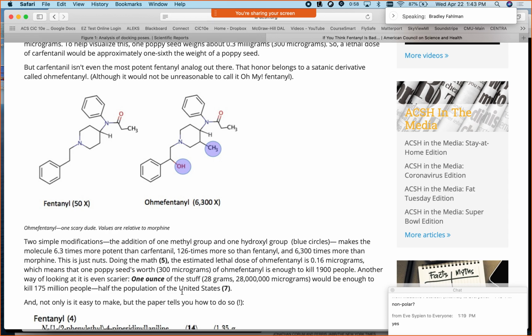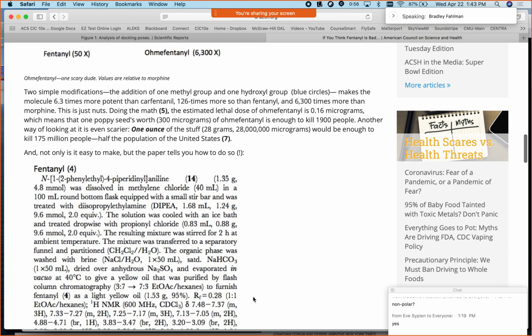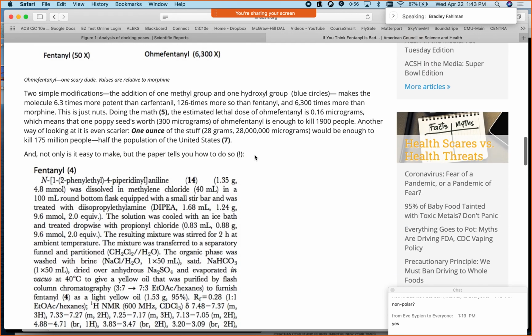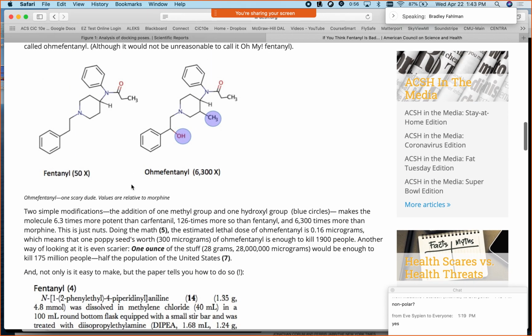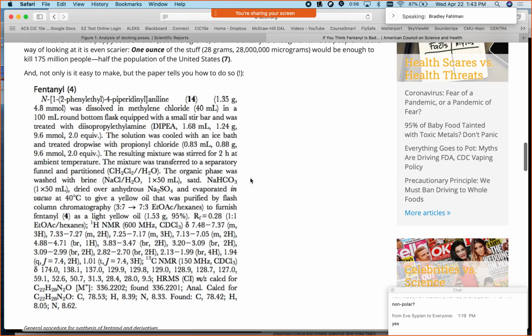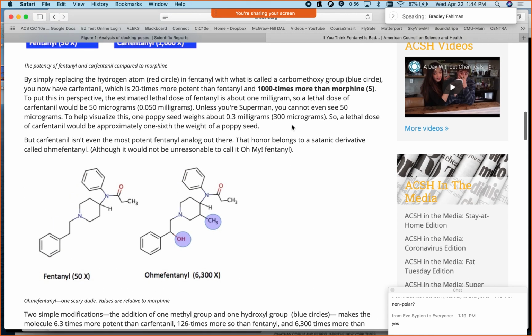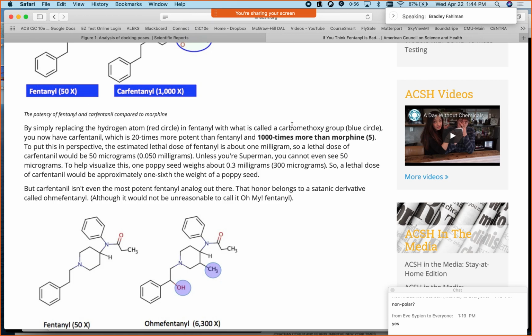And what's scary is, for people like terrorists, the synthesis is widely available. This is just for fentanyl, but you can get the synthesis in journals for this thing. That just scares the heck out of me, that somebody could get this and put it in water supplies and take out half the people in the US. It's pretty scary stuff.